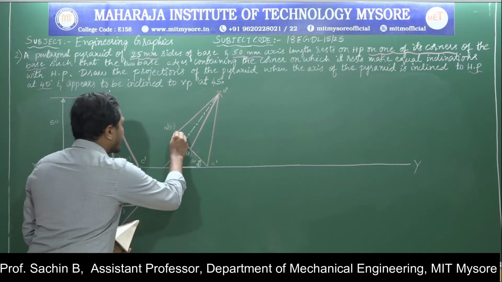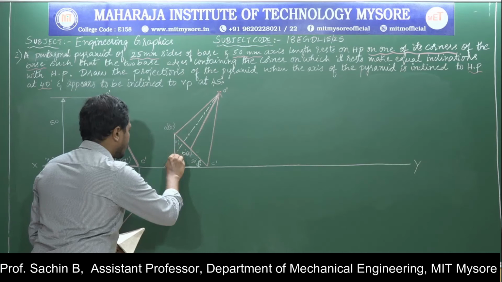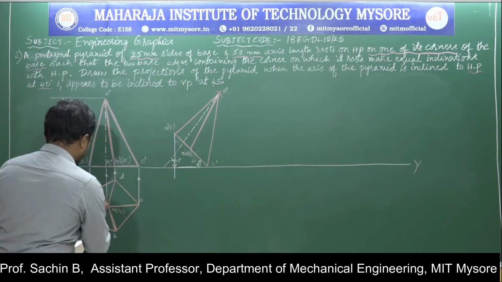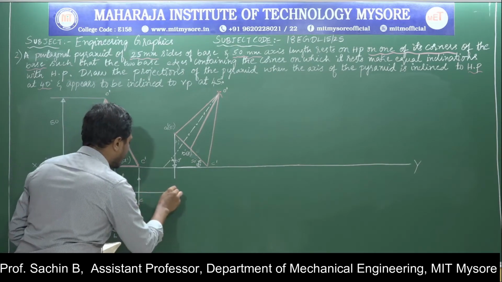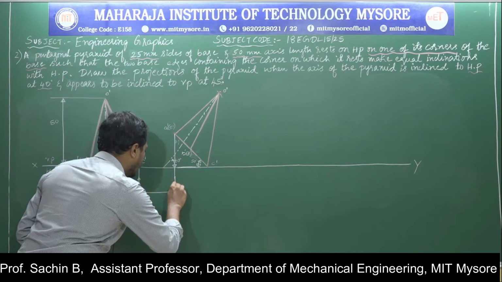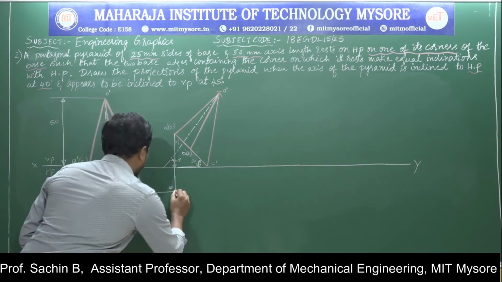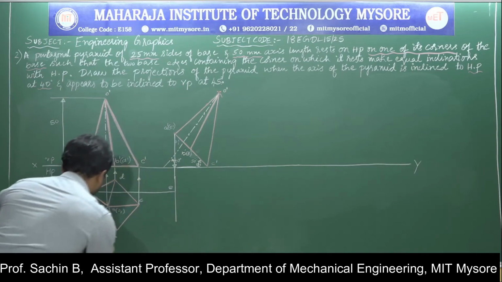Now I will draw the projection line to construct the remaining portion. Again I will draw one more projection line from the top view in the first position. This is my E point. Again I extend this through a thin line.